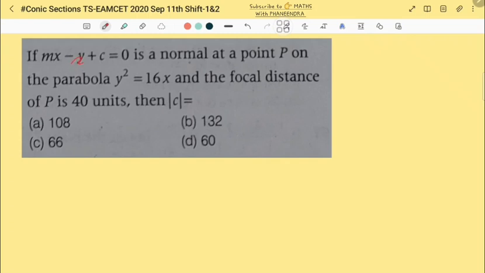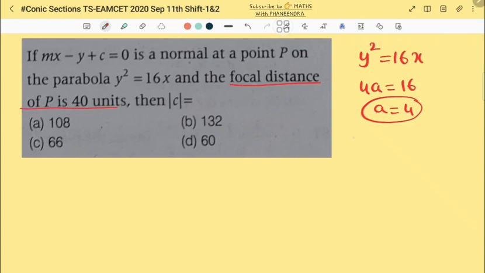If mx minus y plus c equal to 0 is normal at the point P on the parabola y square is equal to 16x. So y square is equal to 16x means here 4a is equal to 16, so a is equal to 4. Next, the focal distance of P is 40. Focal distance formula: x plus a is equal to 40. So x plus 4 is equal to 40, so x is equal to 36.